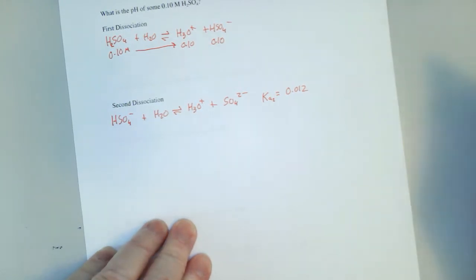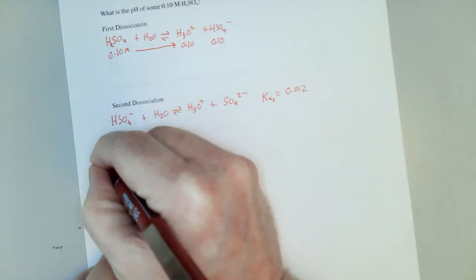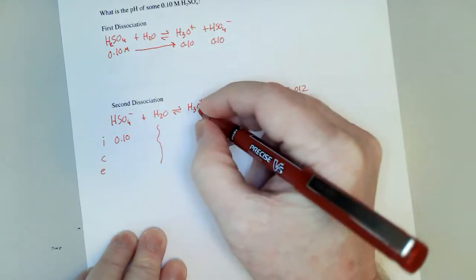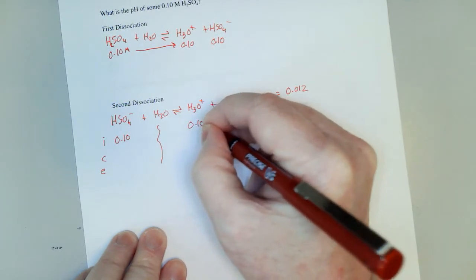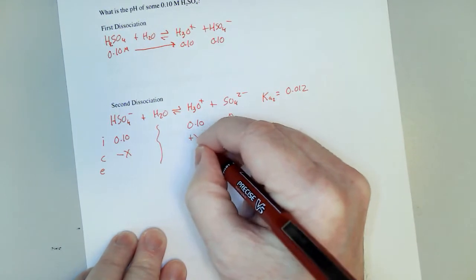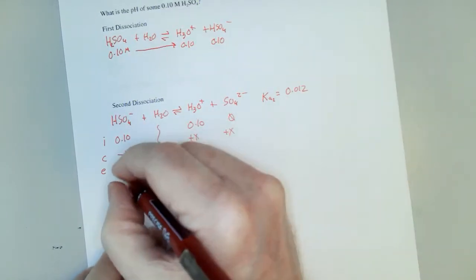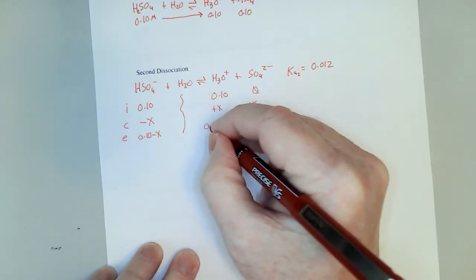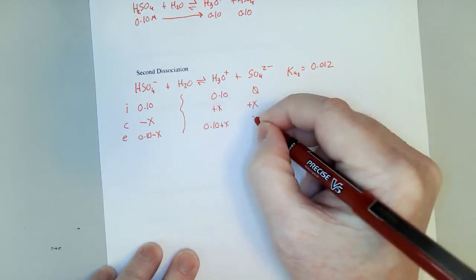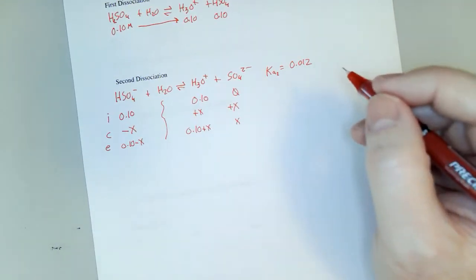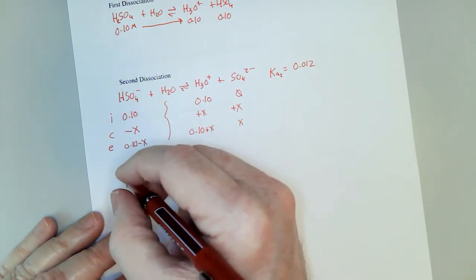Now, we're going to do a proper ICE box. 0.10, ignore. This will be 0.10 also. That'll be 0. Minus x, plus x, plus x. So 0.10 minus x, 0.10 plus x, and x. Now, this is mathematically going to be more challenging.